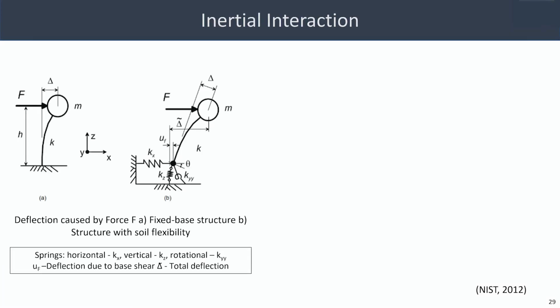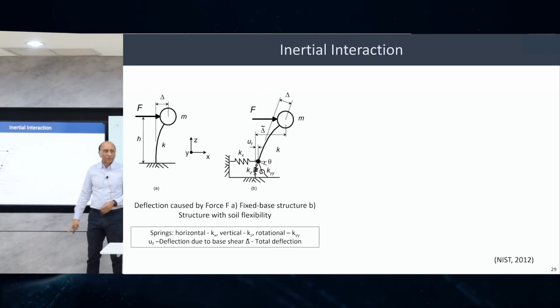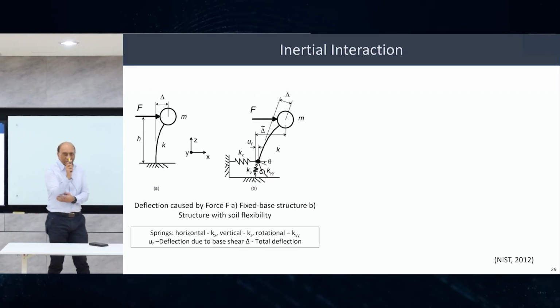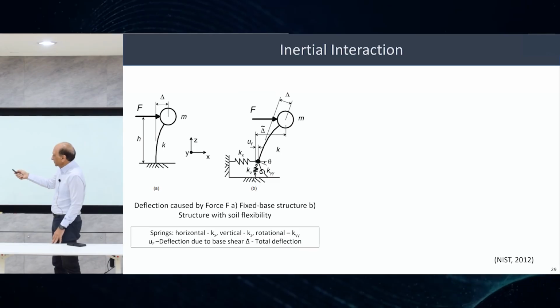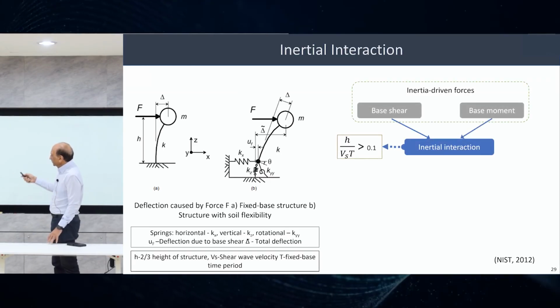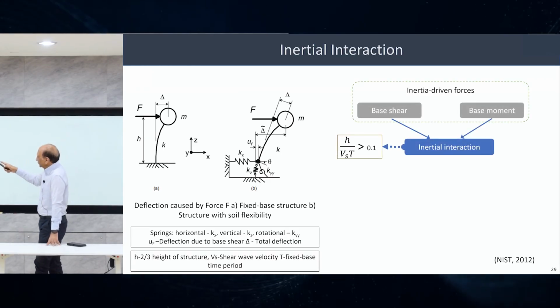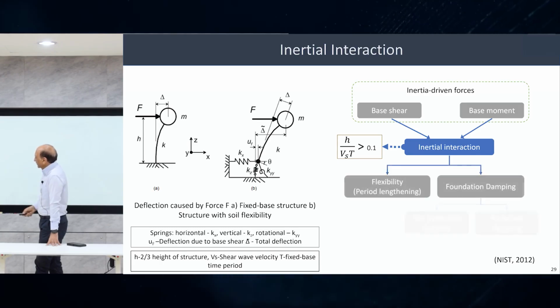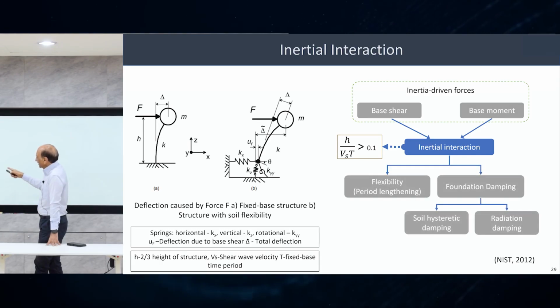So inertial effects, as you can see from here, is easy. You have the springs over there now, so the initial period will change because the base is not fixed. So it's quite clear. So inertia-driven forces, base shear is related to base moment. They are related to that one, so it will reduce. So flexibility, period lengthening, foundation damping, soil stress damping, radiation damping.